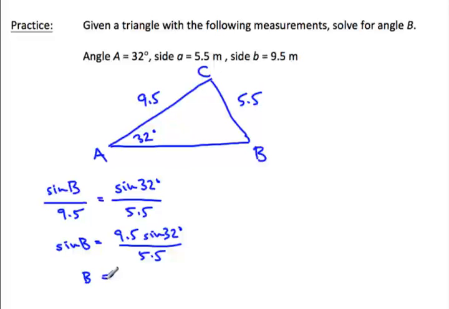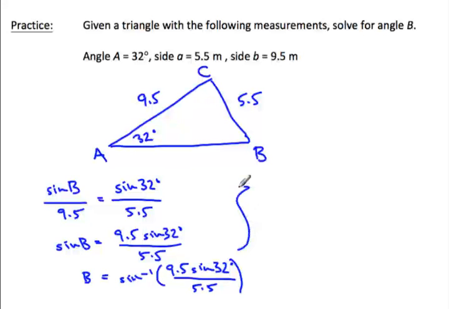Therefore, B is equal to the inverse sine of that. And it's easiest just to let your calculator do all the work and put it all in one step. Now, if you do that, you'll get an answer from your calculator that B is approximately equal to 66 degrees. So that means that this angle here, as we've drawn it, would be 66 degrees.